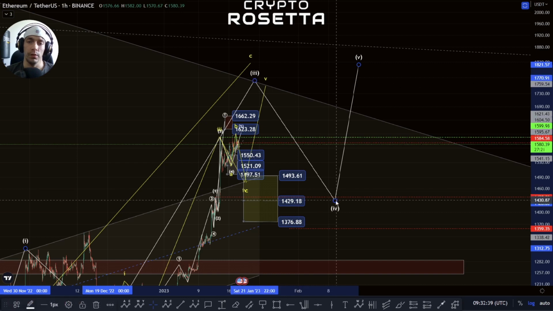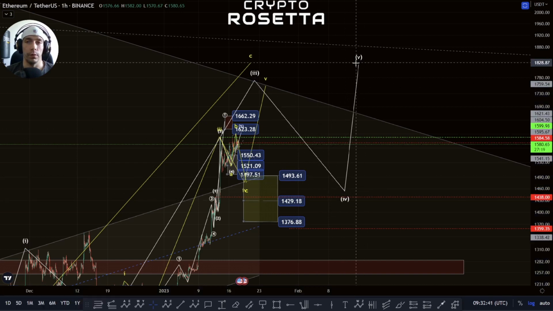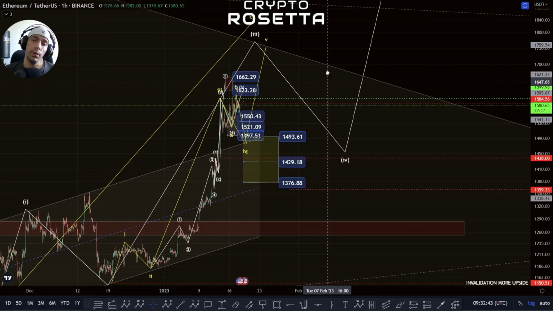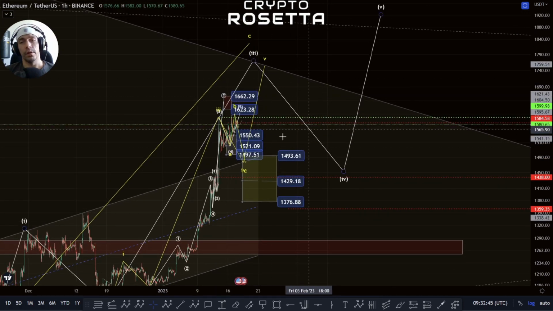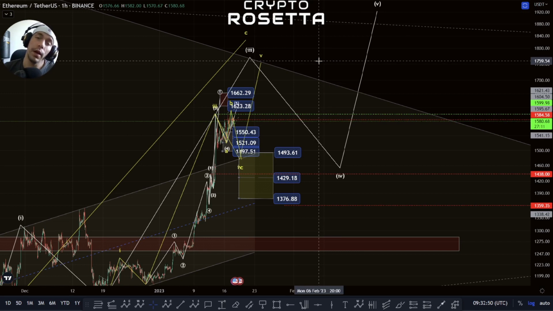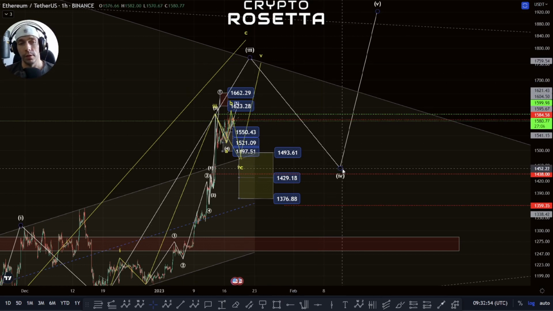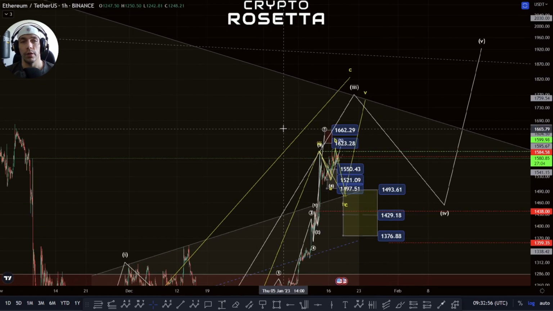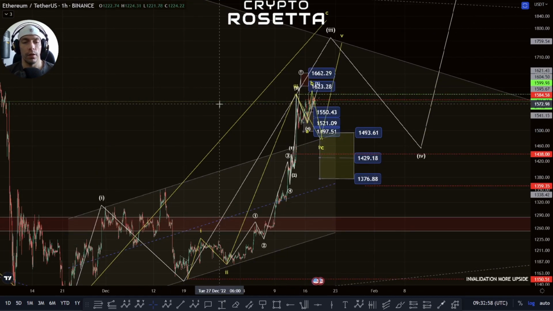From that point, we'd need to see whether we get this white fourth and fifth, because we haven't completed this additional fourth and fifth, so we don't have confirmation that it is an impulse yet. Only once we get this fourth and this fifth wave play out do we actually get that confirmation. So those are the things I'm looking out for.